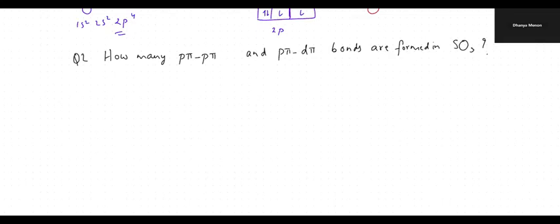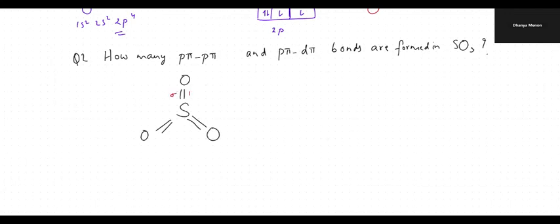So students, this is a second question. Similar to the previous one, how many p pi p pi and p pi d pi bonds are formed in sulfur trioxide? Okay, so sulfur trioxide, the structure: S double bond O, S double bond O, and S double bond O. Okay, and if it's a double bond, one is a sigma bond, one is a pi bond.